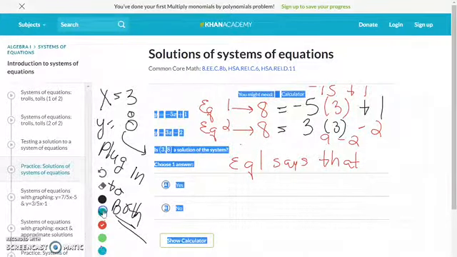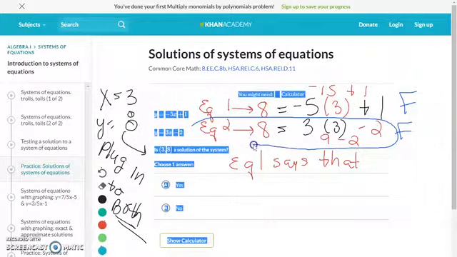Equation 2: does 8 equal 9 minus 2? Well, 9 minus 2 equals 7, and clearly 8 does not equal 7. So the first equation is a false statement. The second equation is a false statement. Therefore, the point (3, 8) is not a solution to that system of equations.